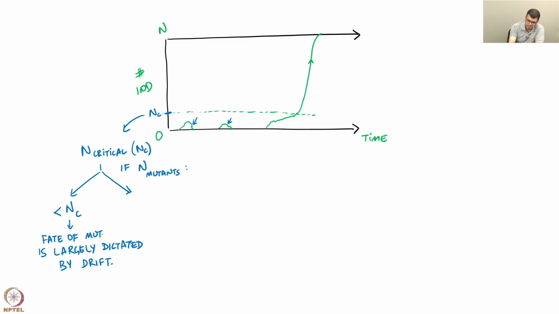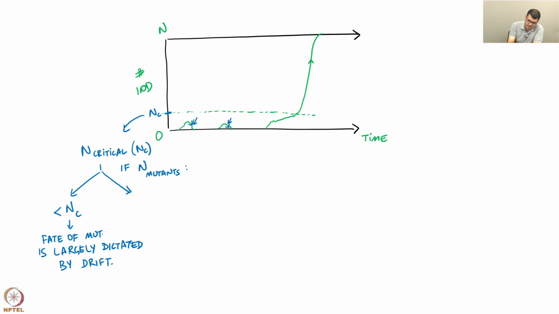As we saw here, because of the action of drift, even this fit genotype went to extinction. Same here, a mutant came which was actually beneficial, but it still went extinct because of the action of drift. Selection would never permit it.